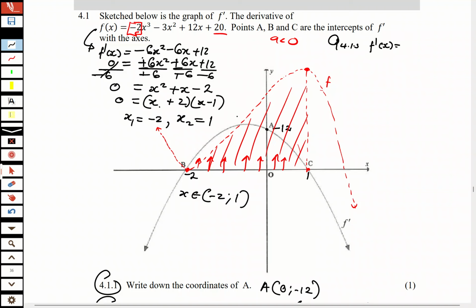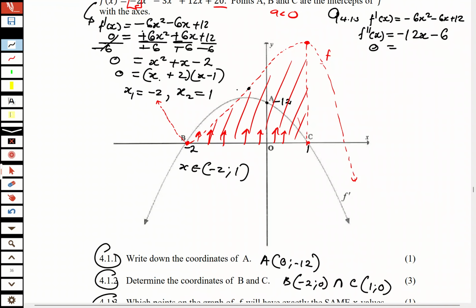So the first derivative will give us negative 6x squared minus 6x plus 12. Then take the second derivative, which is all about concavity, and it's also about the point of inflection. Remember, the point of inflection is where your graph changes between concave up and concave down. When you take the second derivative, you have negative 12x minus 6.